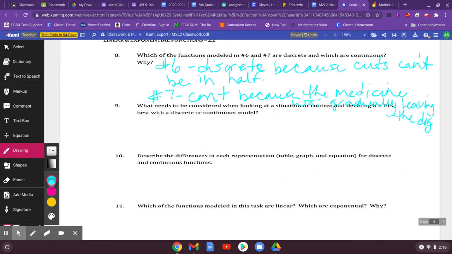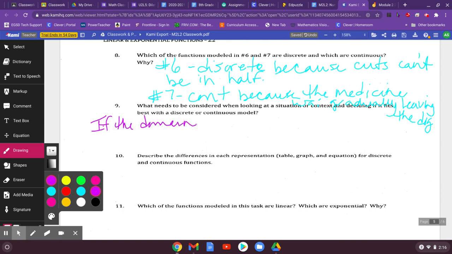Okay. To a different color so don't get confused. 9. What needs to be considered when looking at a situation or context and deciding if it's best with discrete or continuous? Well, the domain. If the domain can be partials, then it can be continuous.